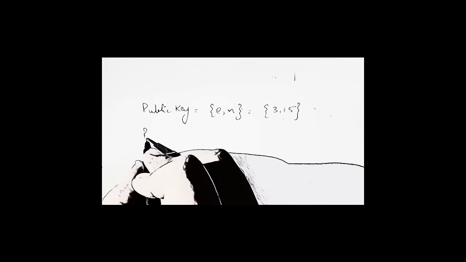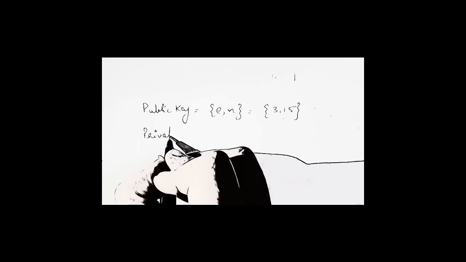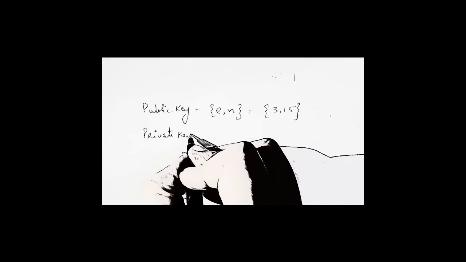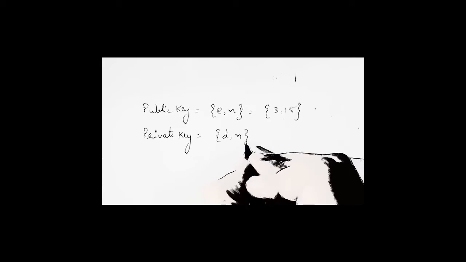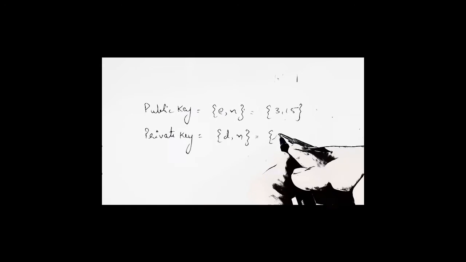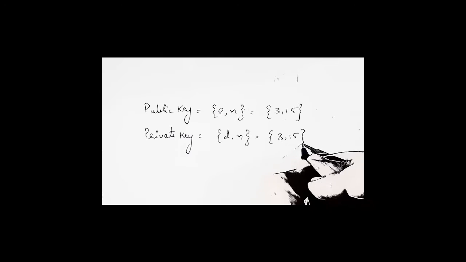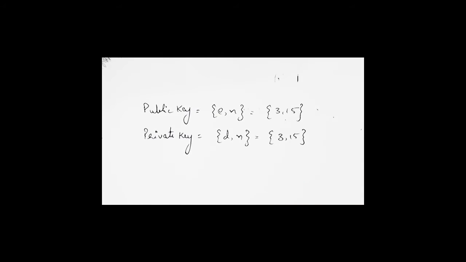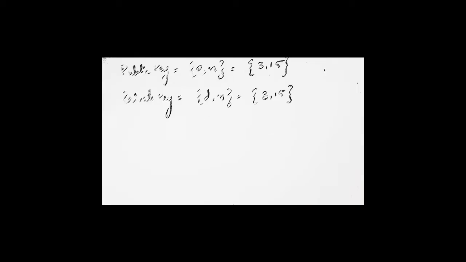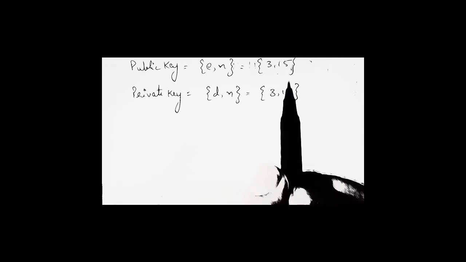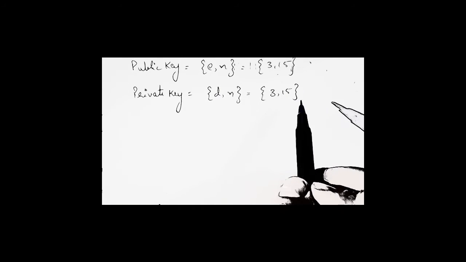The private key would be D, n, which is again 3, 15. These two should never be the same. But for the easy calculation, I have taken small numbers. I will tell you what happens if these two are the same in the later part of the video.